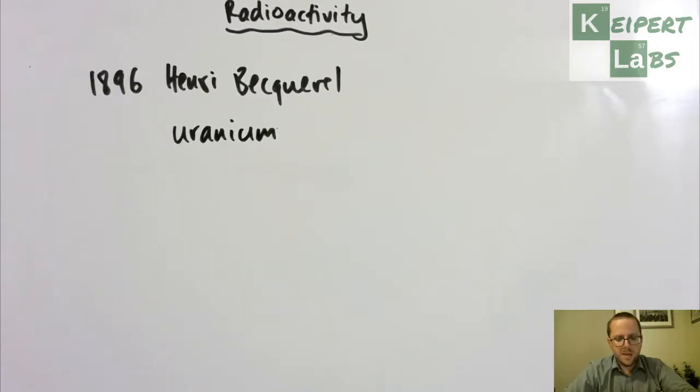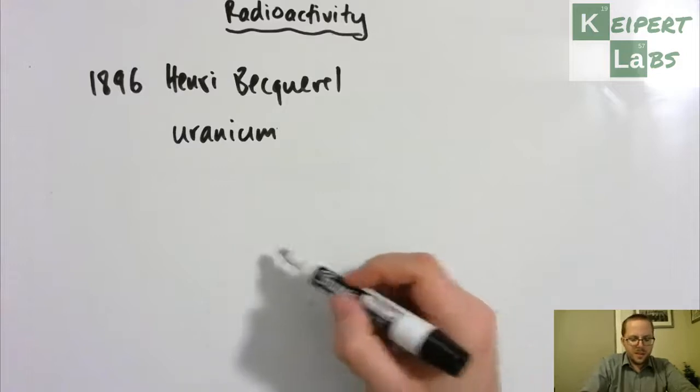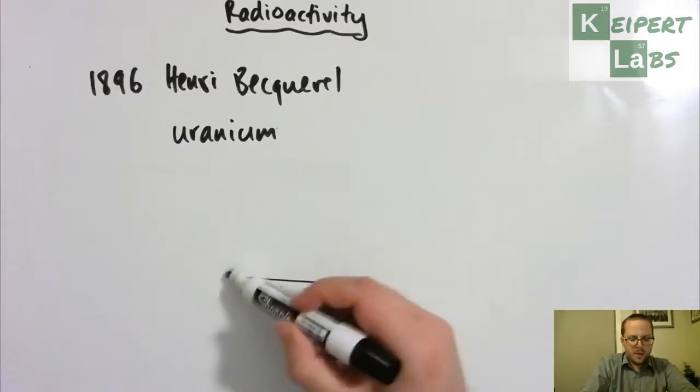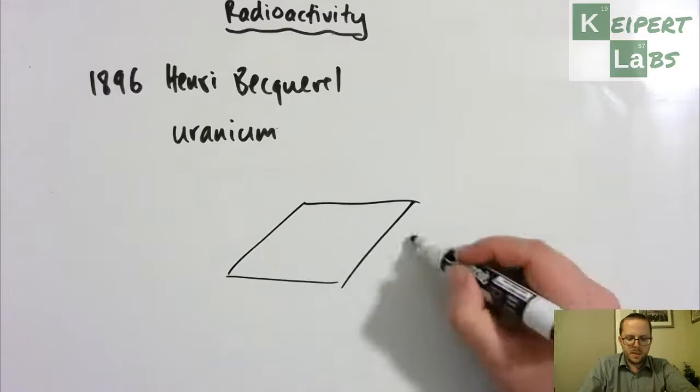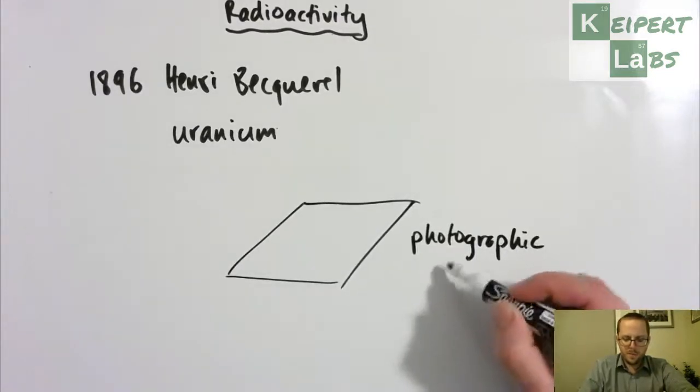And so he was working with this substance that contained uranium, and they were making all sorts of observations about it. And what he then noticed was that, okay, here we have a piece of photographic paper, photographic film.